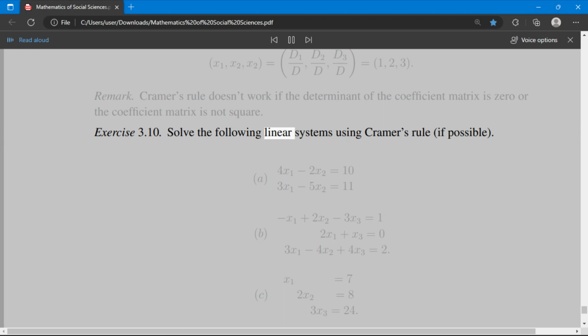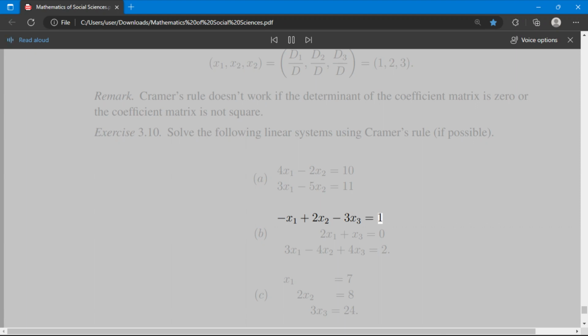Exercise 3.10. Solve the following linear systems using Cramer's rule, if possible. A. 4x1 + 2x2 = 10, 3x1 + 5x2 = 11.